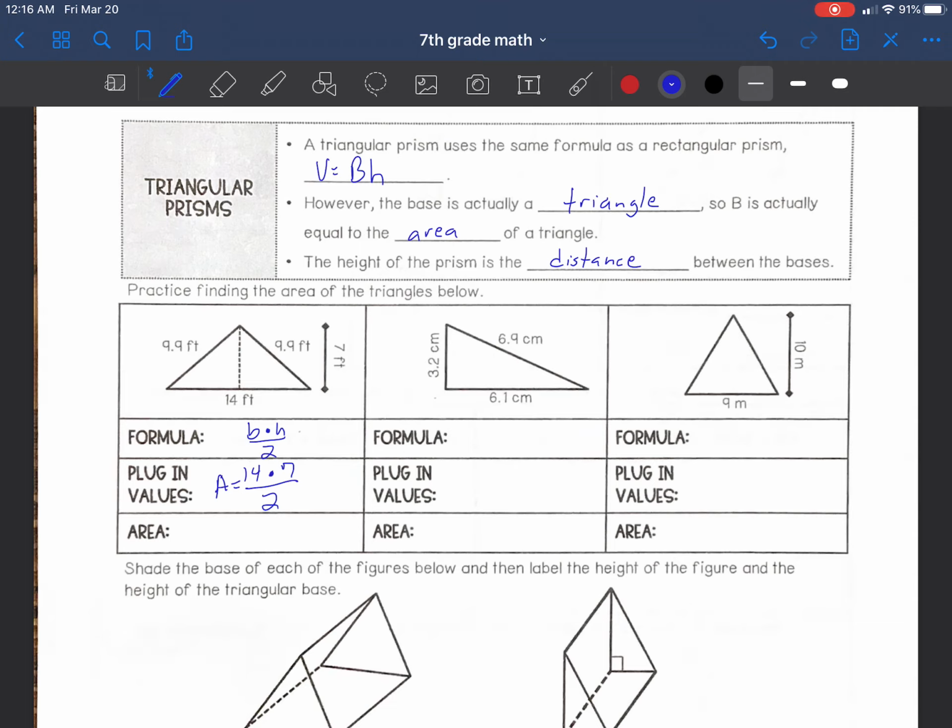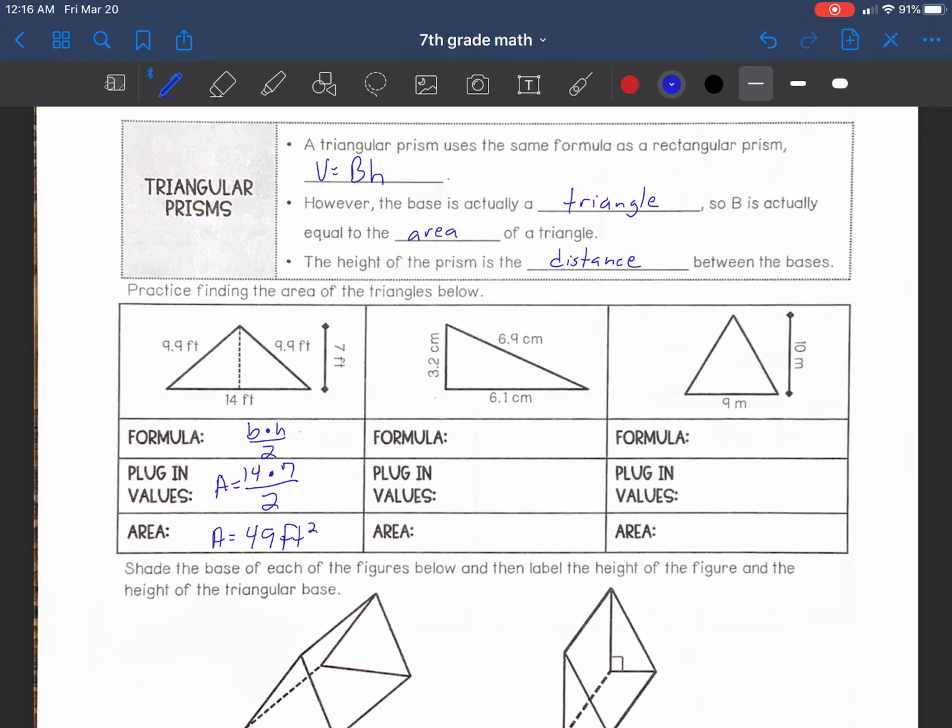So when we multiply 14 times 7 and then divide by 2, we get 49 feet squared. Remember, we're doing the area, not the volume, so it won't be cubed until we add that other height for the prism.